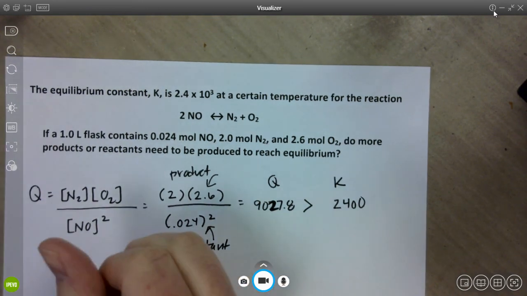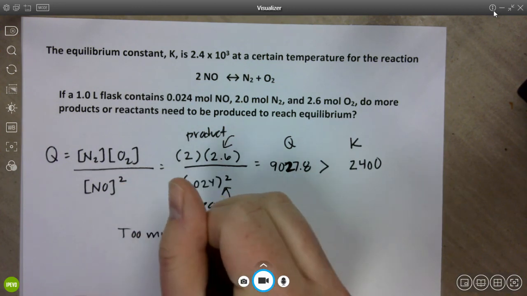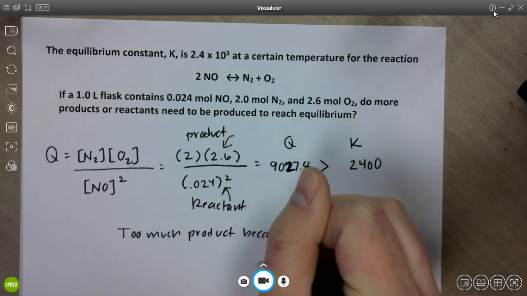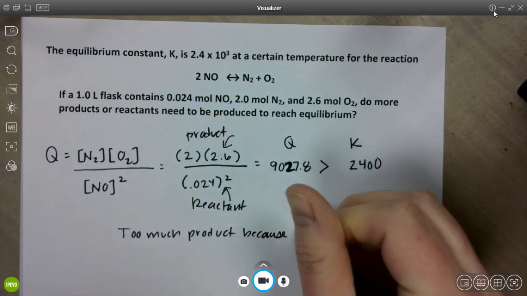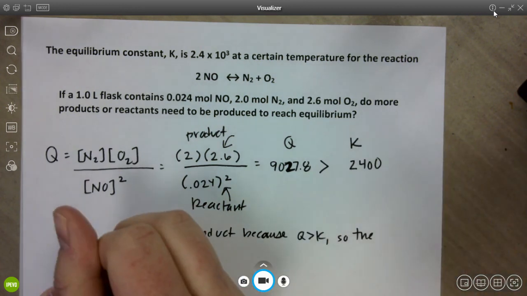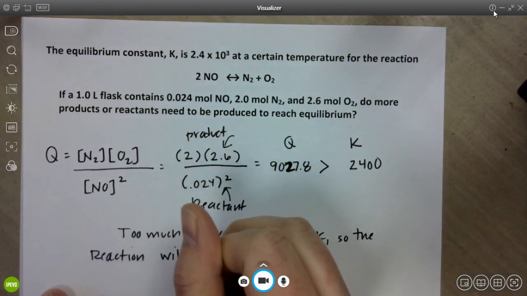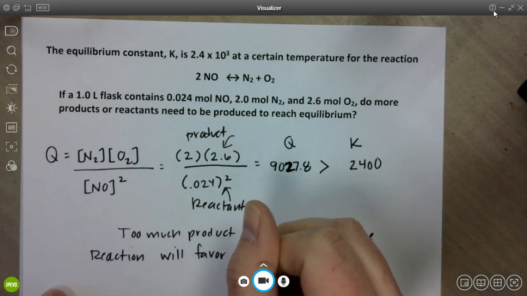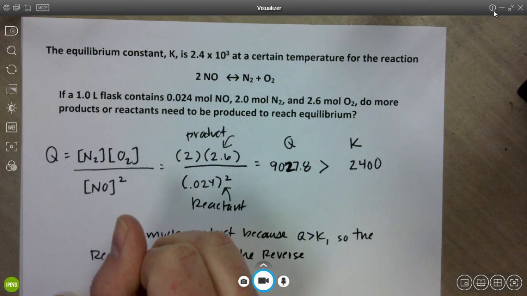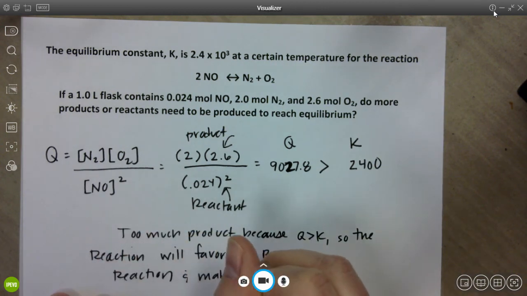So what's going to happen is I currently have too much product, because Q is greater than K. So the reaction will favor the reverse reaction and make more reactant.